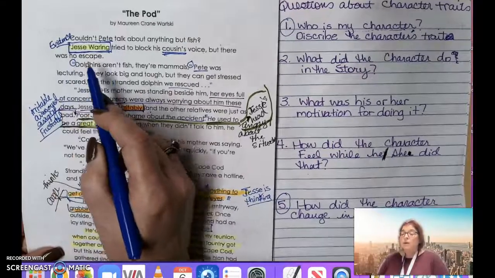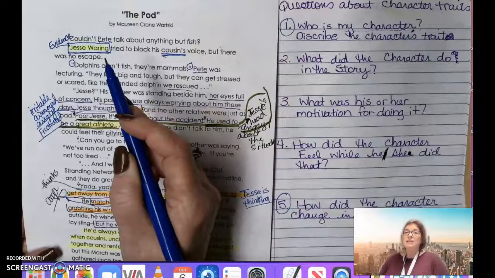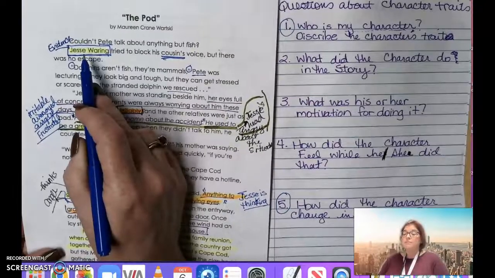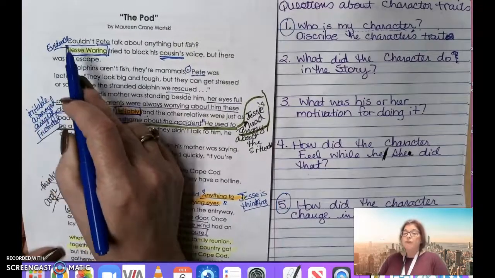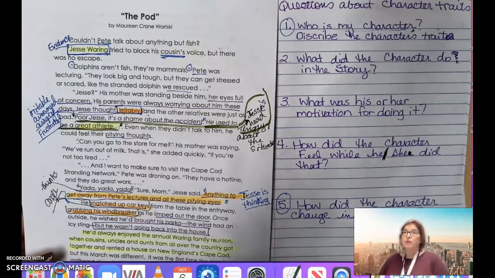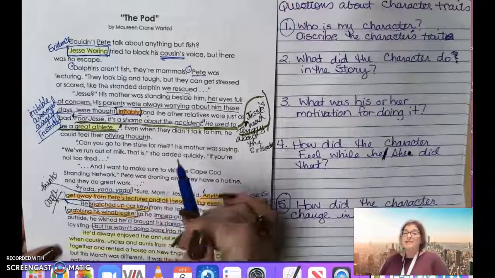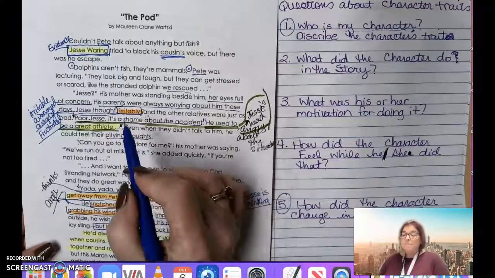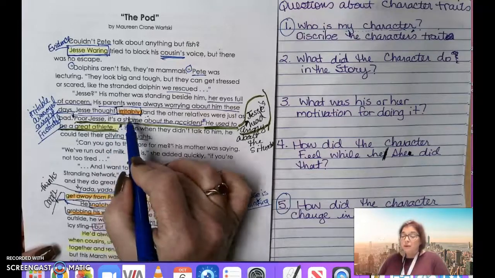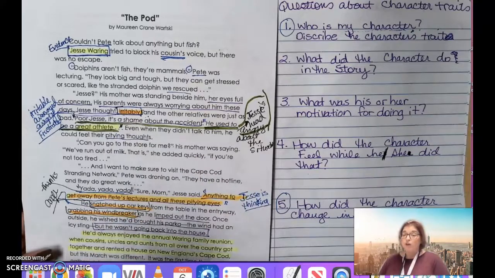Tell me what's in the story. You don't make things up. You can infer, that means make a prediction about what the story is saying, but you have to find the literal evidence in the story to describe what you're talking about.